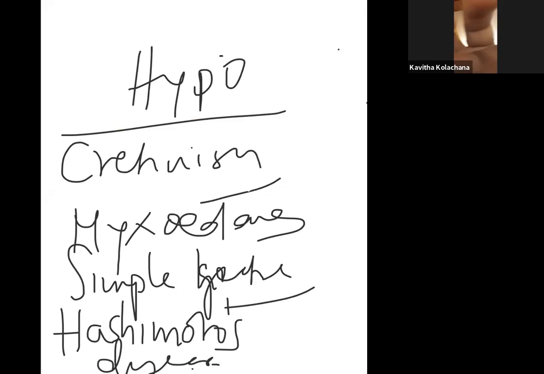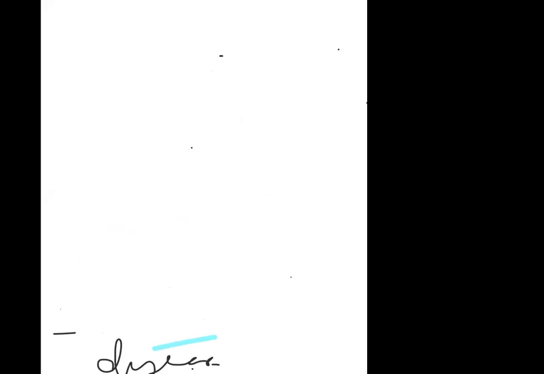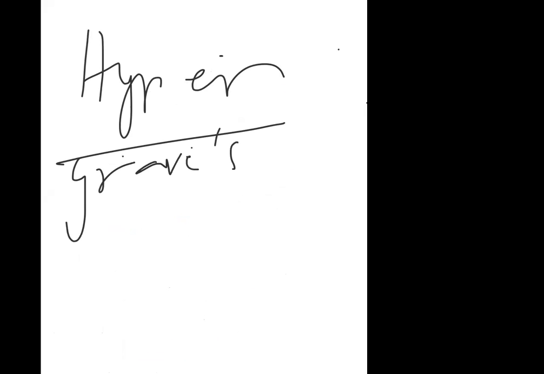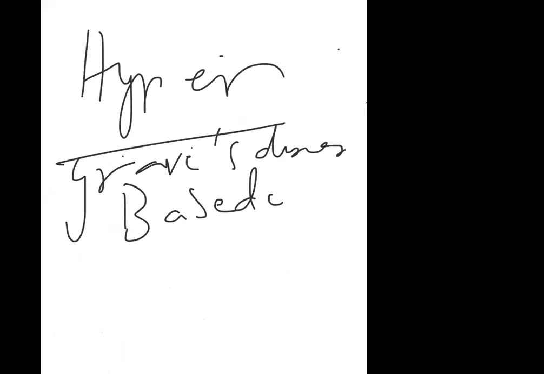What about hyperthyroidism? The secretion of thyroid hormone is increased to an abnormally high level. There are two diseases here. One is Graves' disease, also called exophthalmic goiter.